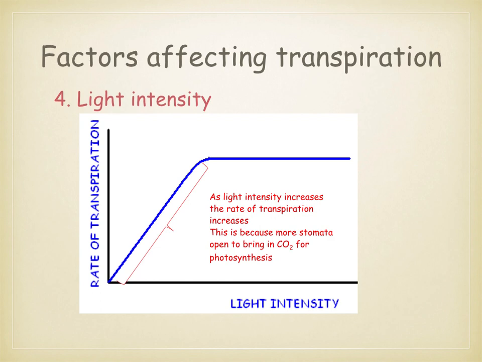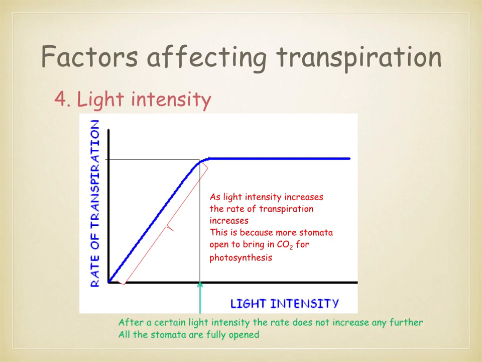This is because more stomata are open to bring in carbon dioxide for photosynthesis. Then it's going to start to plateau. So after a certain point, the light intensity is not going to affect the rate of transpiration any further. This is because all the stomata are fully opened.